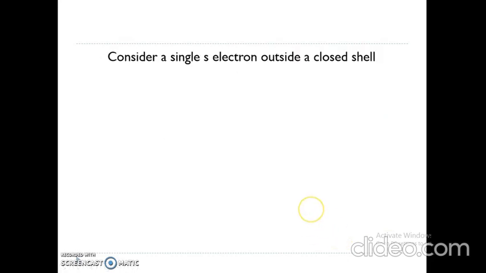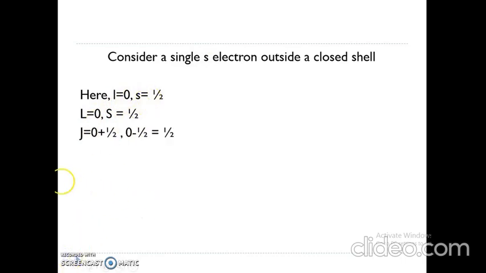Now consider a single s electron outside a closed shell, meaning an electron in an s orbital, for example in a configuration like 4d10 5s1. Here the small l value for the s electron is 0 and the s value is half. Now the capital L value will be the summation of l, that is 0 itself. Capital S value is also the summation of s, that is half itself.